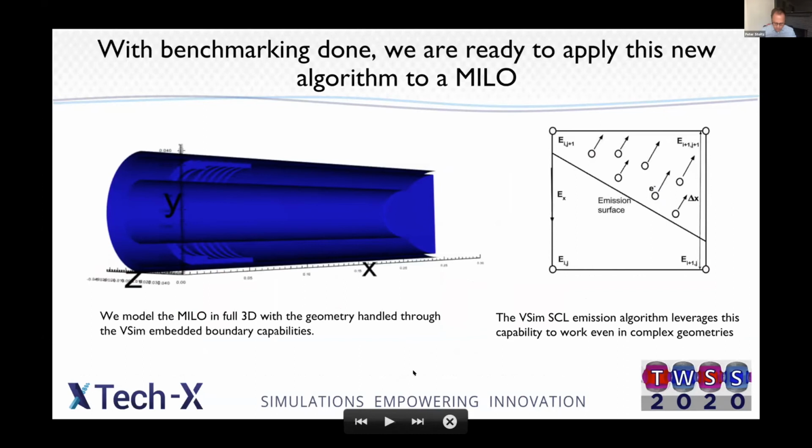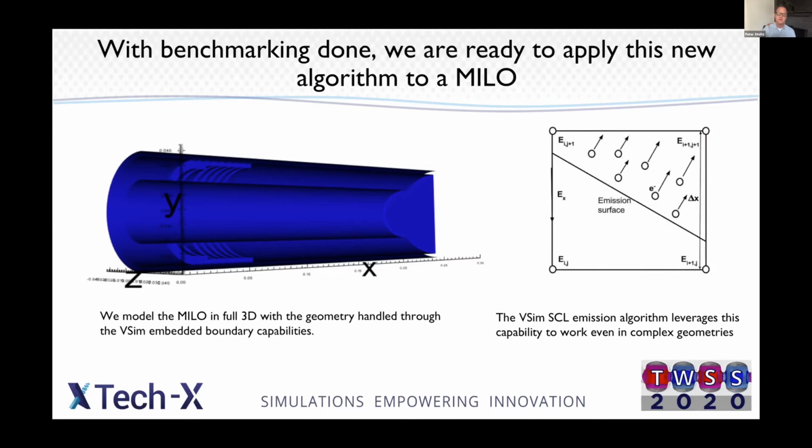So we've tested it in 1D, we've tested it in 2D, and now we're finally ready to get back to the real problem we were trying to solve, which is this magnetically insulated line oscillator, which I said was an RF source. It converts DC power to RF power, and it does it through an electron beam interacting with a metallic structure, and we'll talk about all the details of that.